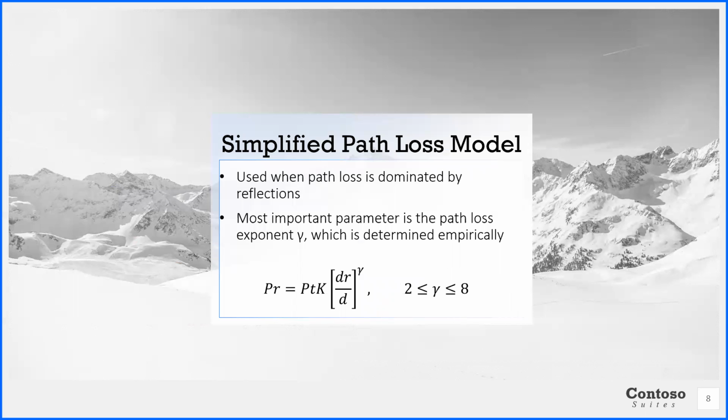For simplified path loss, it is the simplified version of the path loss model. It's used when path loss is dominated by reflections from objects. Here in the equation below, gamma is the most important parameter, the path loss exponent, and it's determined empirically.